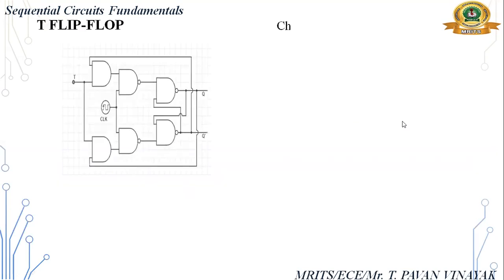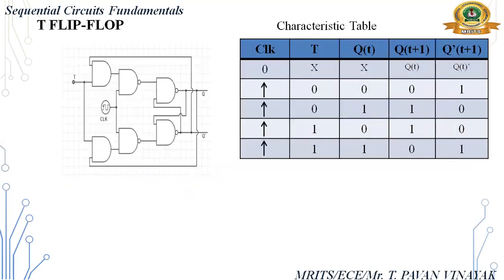Next, the characteristic table. So see, whenever T is 0, it is the previous state. Whenever T is 1, we require the complement of Q of T. So 0 complement is 1, 1 complement is 0.